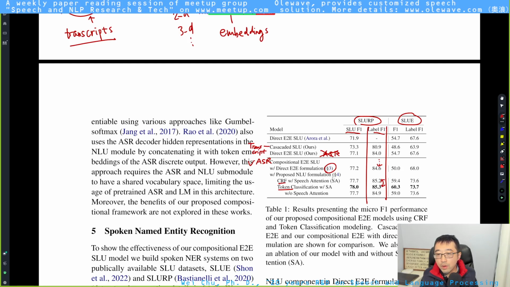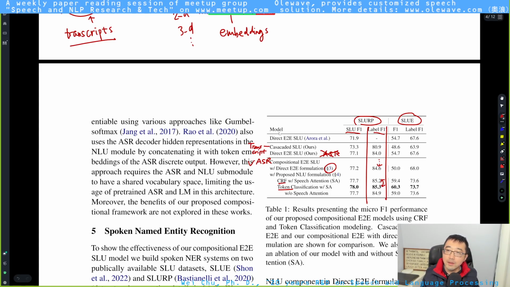Token classification uses a neural network, right? I think CRF also uses a neural network, it's just the last layer. But when they remove the speech attention, you can see the F1 dropped from 85.3 to 84.9.